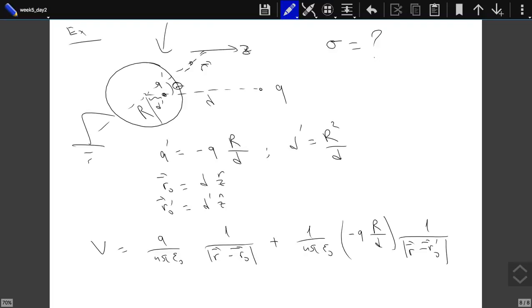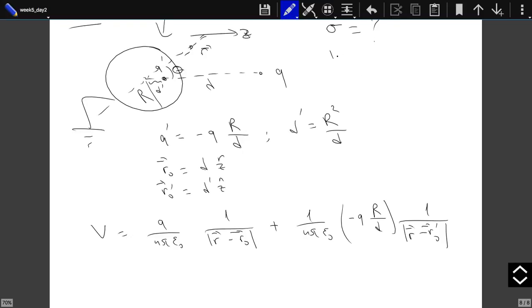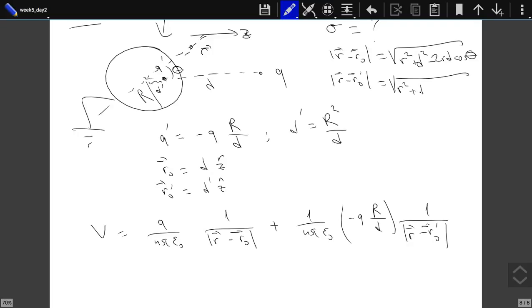This will correspond to the theta coordinate of that point. So |r minus r0| will be equal to square root of r squared plus d squared minus twice r d cosine theta. And |r minus r0 prime| will be square root of r squared plus d prime squared minus 2r d prime cosine theta.